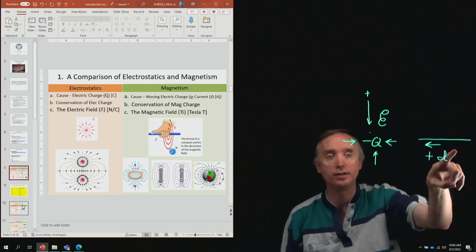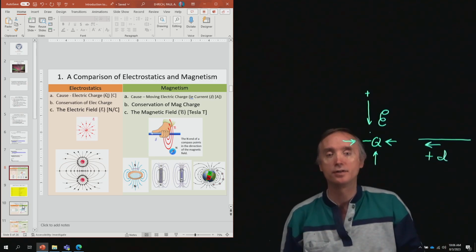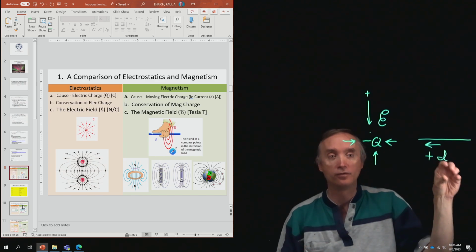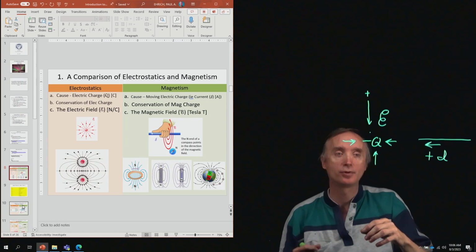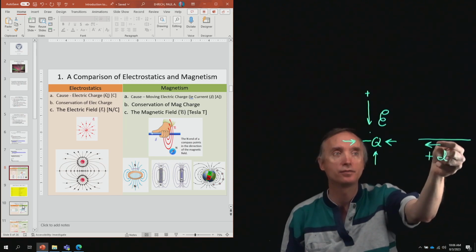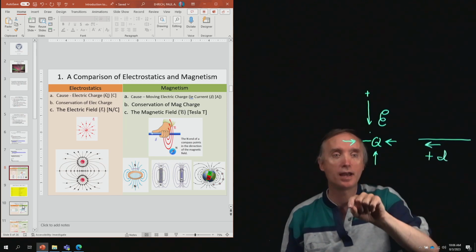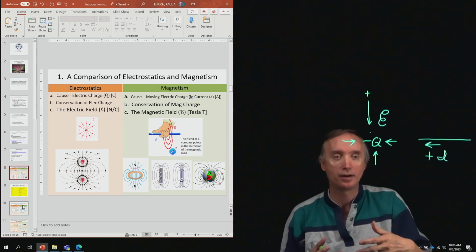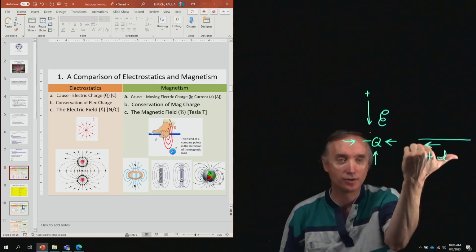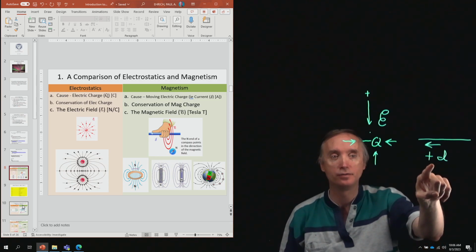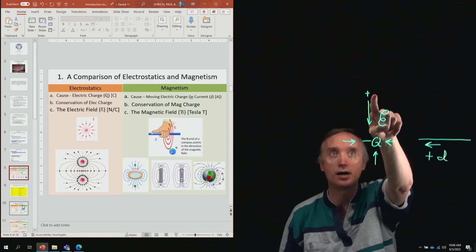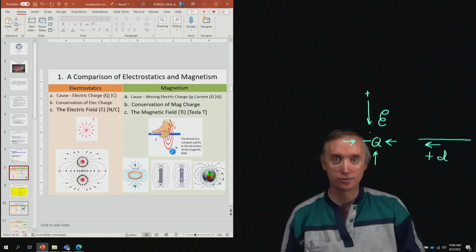So similarly, they like to think of currents as being the flow of positive charges. So just remember that this is a positive current, but what's really happening is it's being created by a negative current, which is going in the opposite direction. So I hope that that's not too confusing. But physics people like to use positive currents, and they like to use positive electrical charges.